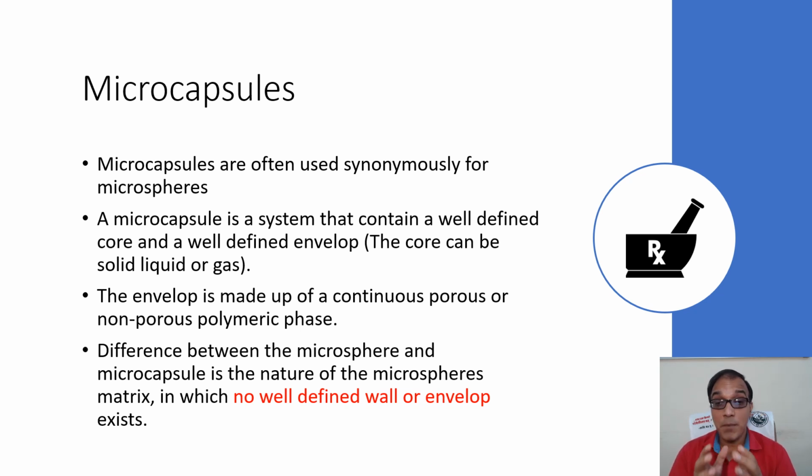The difference between the microsphere and microcapsule is the nature of the microsphere matrix, in which there is no well-defined wall or envelope. So a microsphere doesn't have any well-defined wall or envelope, while the microcapsule does.